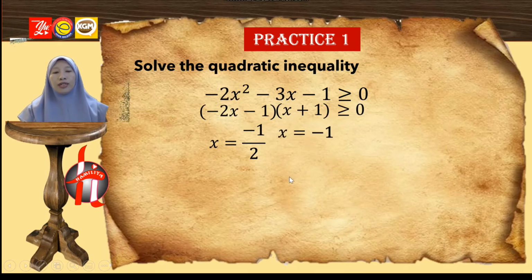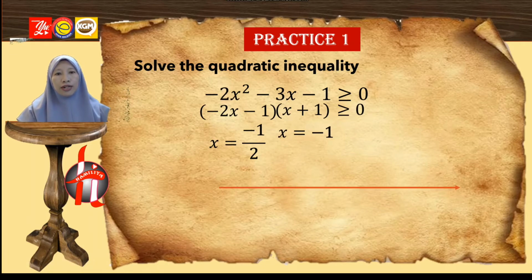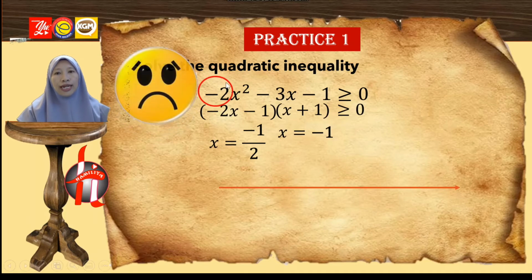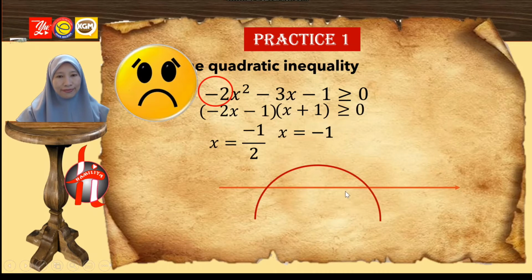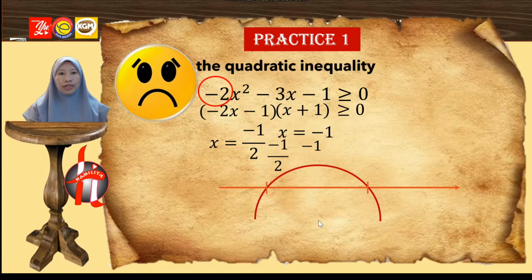Then we sketch the quadratic graph. To sketch it, we look at the coefficient of x squared, in other words the a. The value of a is negative, so we are going to have a sad quadratic graph like that. After that, we label the roots negative half and negative 1.